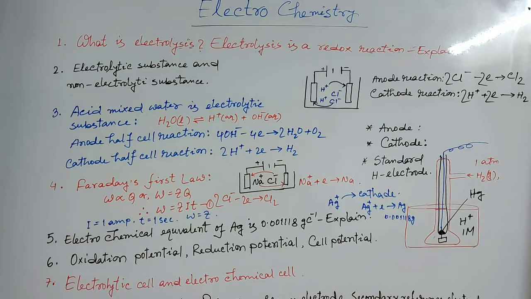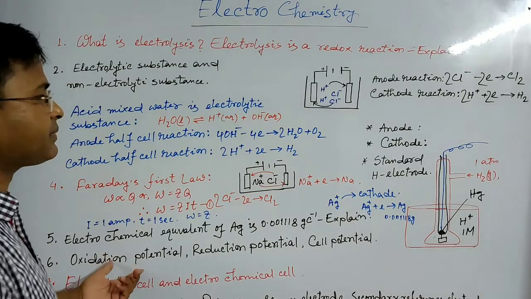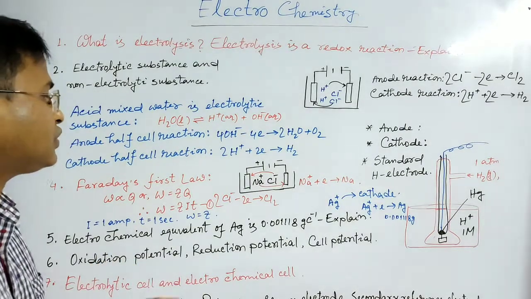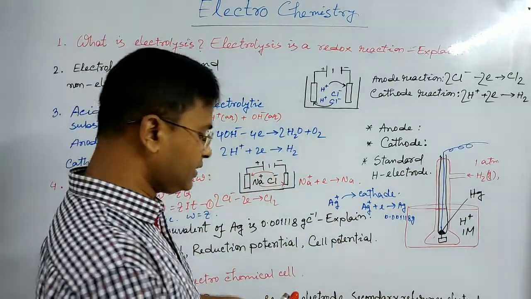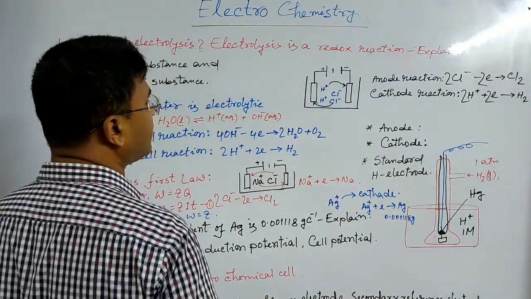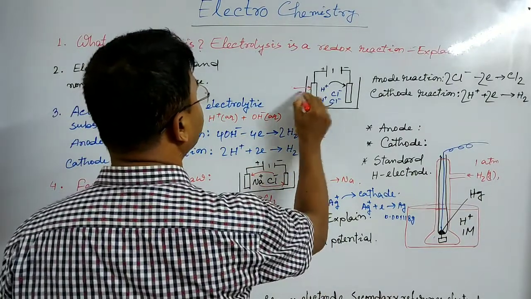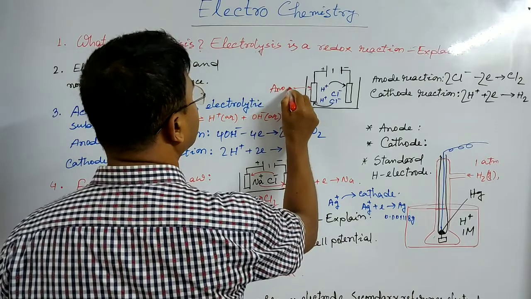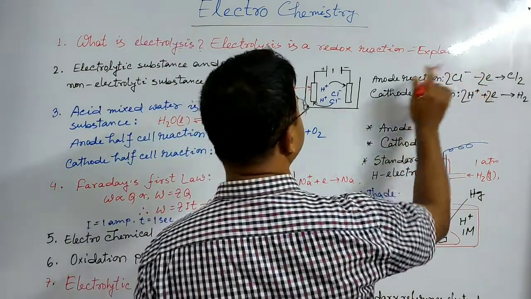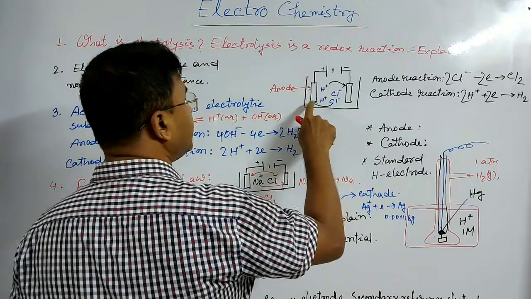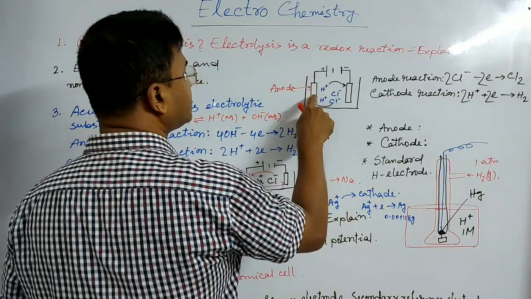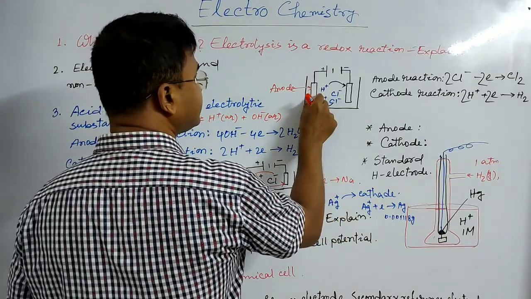Now oxidation potential. What is oxidation potential? My dear students, I have already told you, this is the anode, and in the anode oxidation reaction occurs at the meeting point of the anode and electrolytic substance.